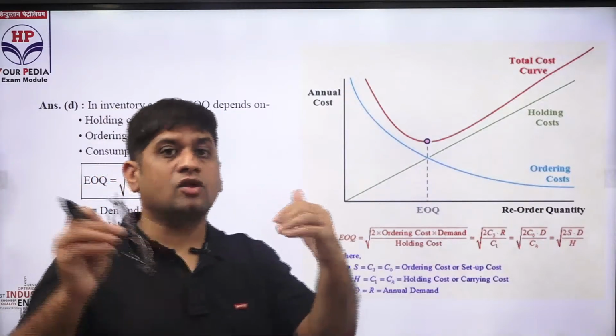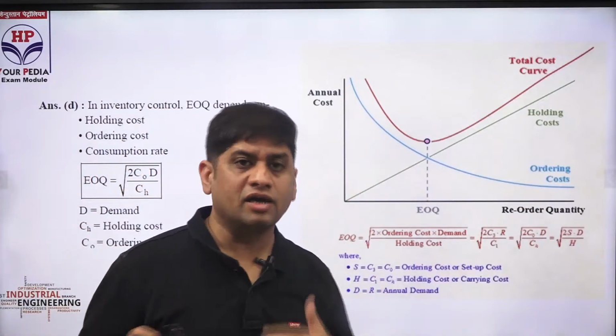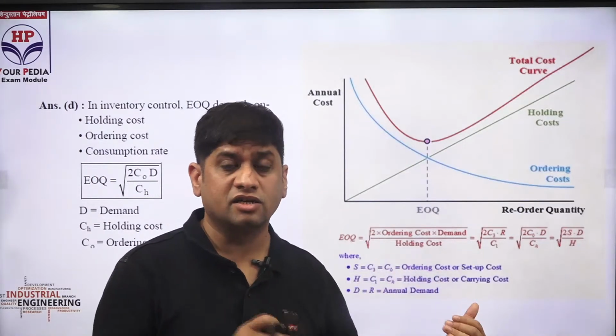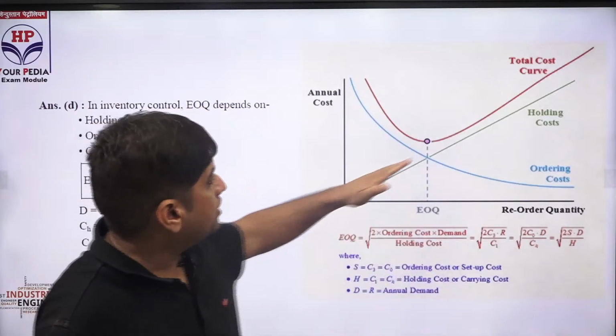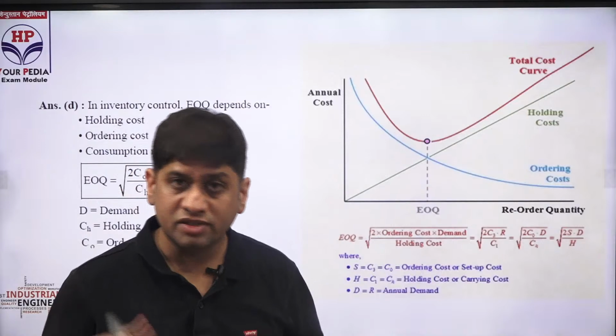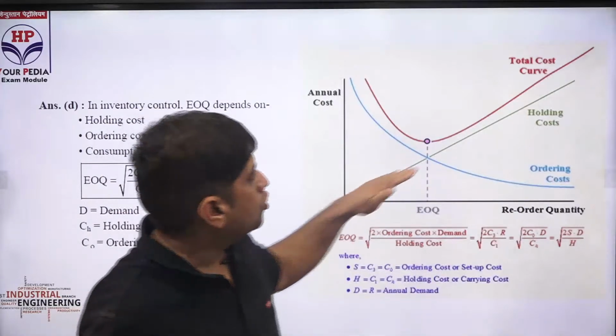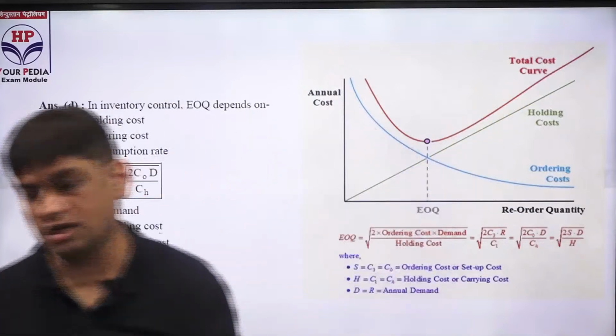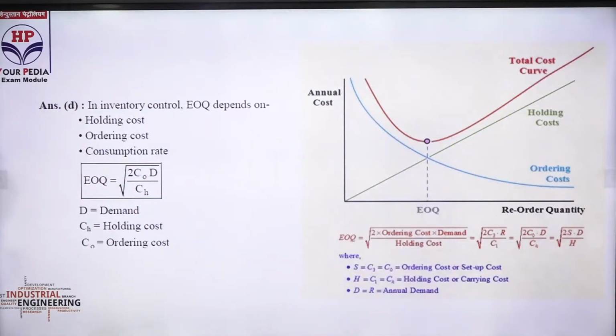But if I say give me 1,000 books in one go, the transportation cost, ordering cost is decreasing as the batch size increases, but the inventory cost is increasing. I need to dump all these 1,000 books in a room for which I am going to pay the rent. So holding cost increases, ordering cost decreases, and the total cost has this parabolic relation, and the lowest point of that is called economic order quantity. That is how it goes.